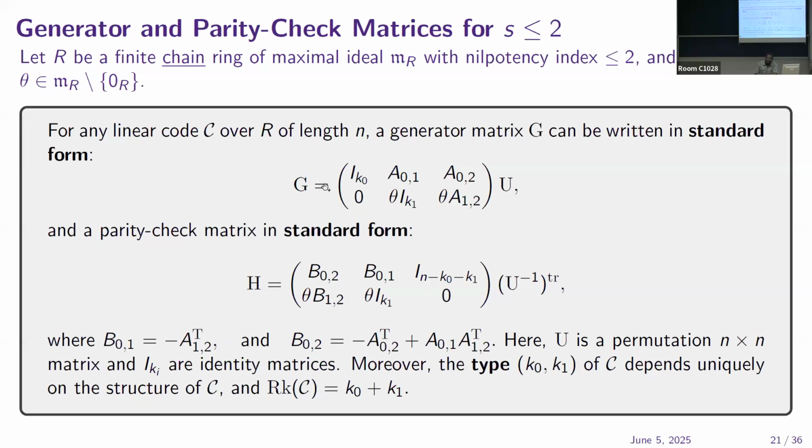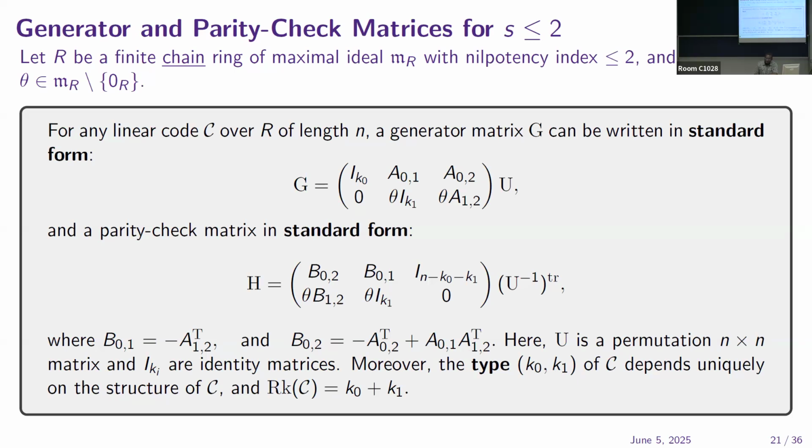Both matrices are put in the standard form. Okay. The couple K0, K1 is called the type of C. The type of C allows us to determine the cardinality of C and the rank of C. The type of C is the couple K0, K1.